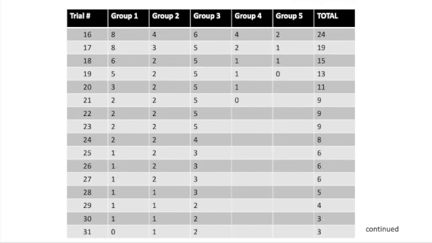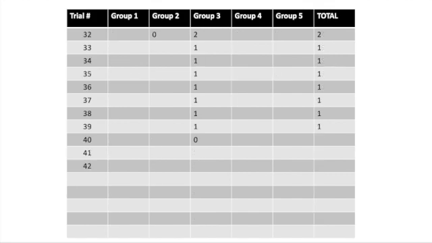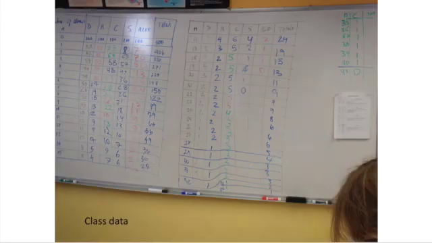And then the next of the 15 throws, a couple of the groups are down to 0, but not all of them, and you just have to keep throwing and writing the data down each time, even if you have the same number of throws on successive trials. And this is the data as it was collected by the class.